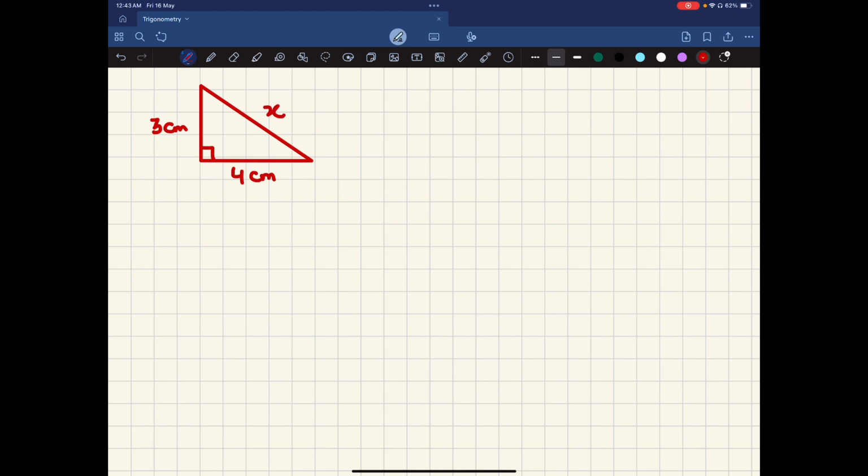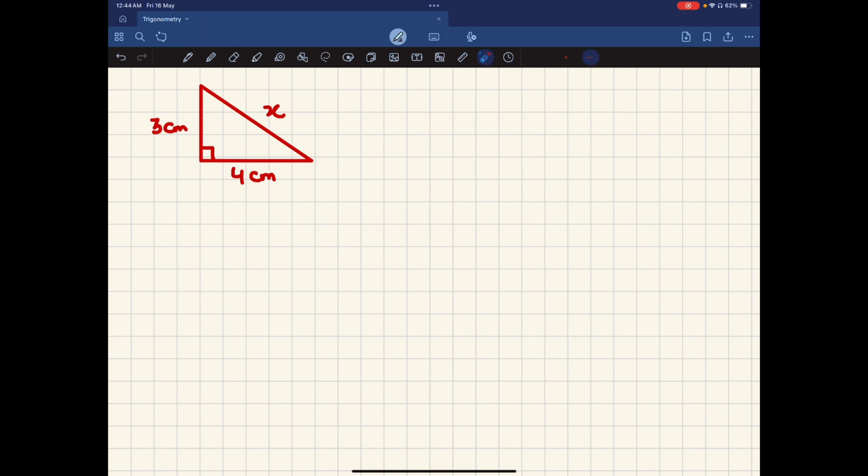Okay, and you're required to find the value of x. What are we going to do? It is a triangle, so the first thing we need to see is whether it is a right angle triangle or a non-right angle triangle. This is a right angle triangle, so we can apply Pythagoras, plus only the lengths are involved, right? So Pythagoras theorem can be applied safely.